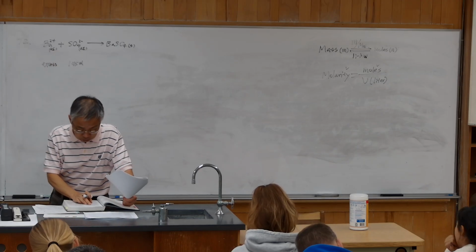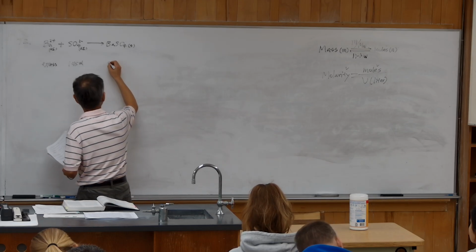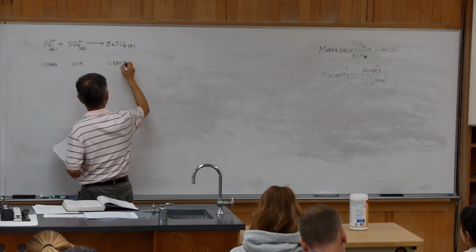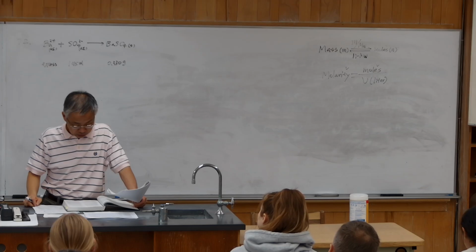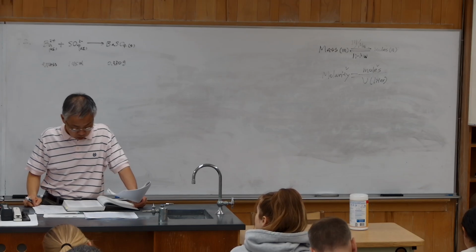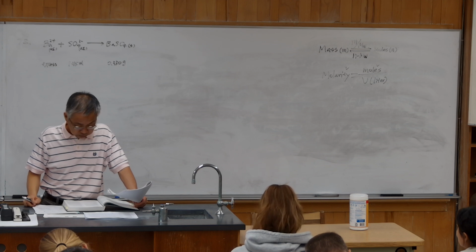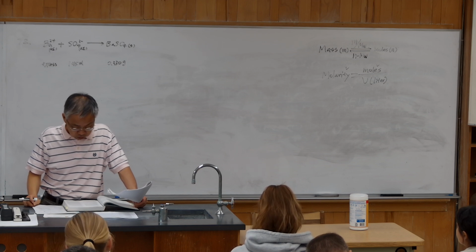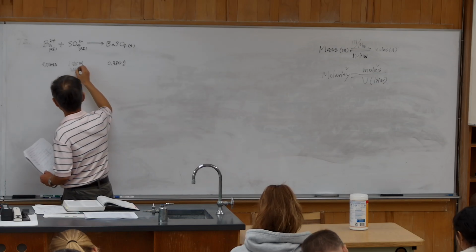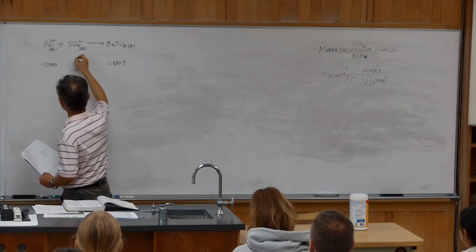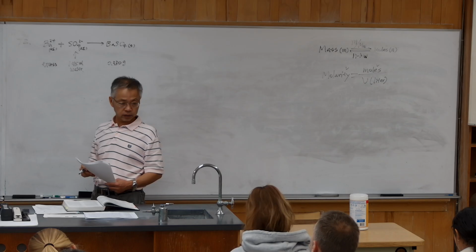Produce precipitate 0.33 gram barium sulfate. Okay, we collected the solid product with mass 0.330 gram. Also, based on this data, determine the concentration of sulfate in the original water system. This is a water sample. Have some sulfate there. So based on this, calculate sulfate in the water sample.